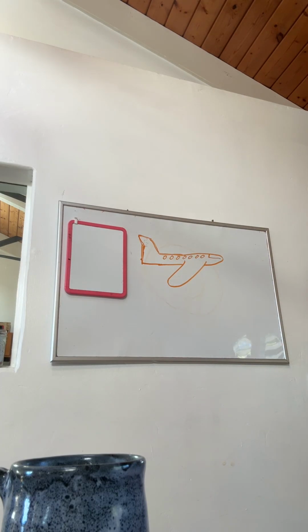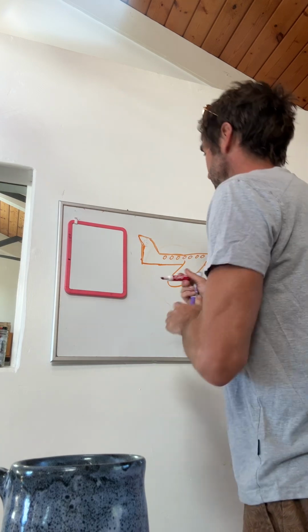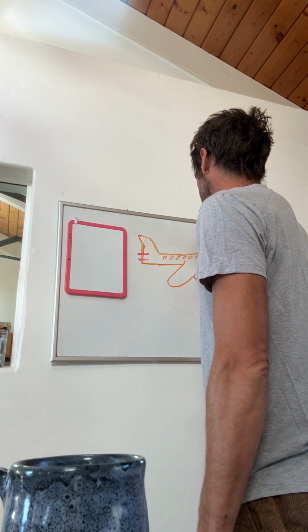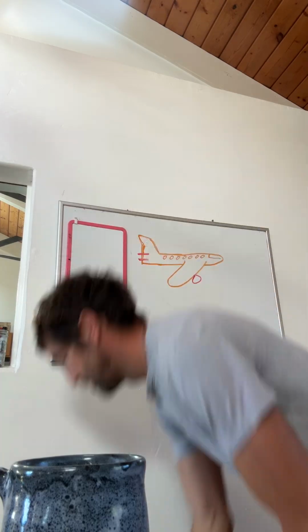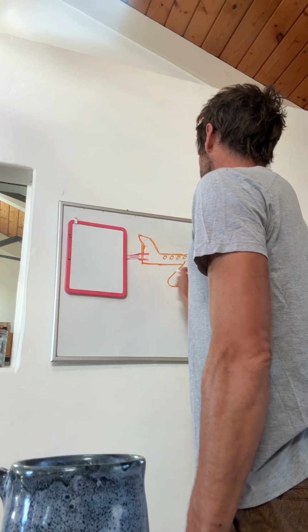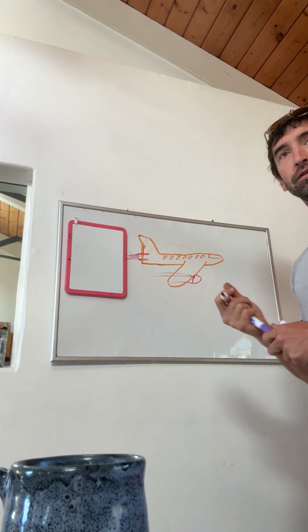Yeah? So then it has basically big rockets, and they shoot air out the back, and that makes the plane go forward.